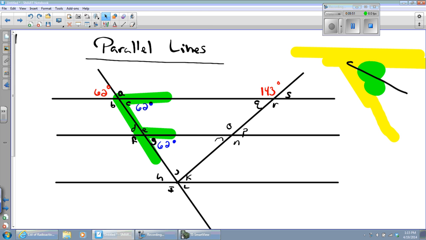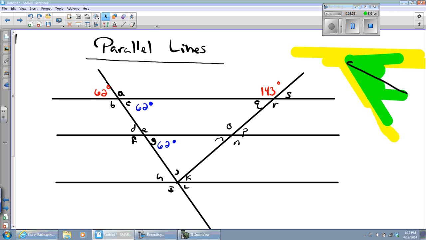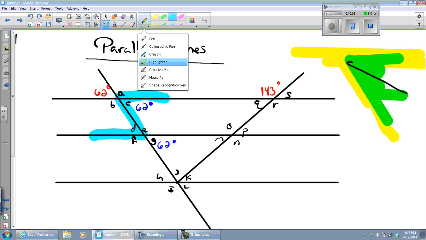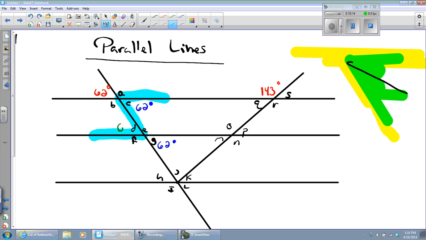Now, I think I see a Z. Yep, there's a Z. So angle C is 62 degrees, but so is angle D, 62 degrees.